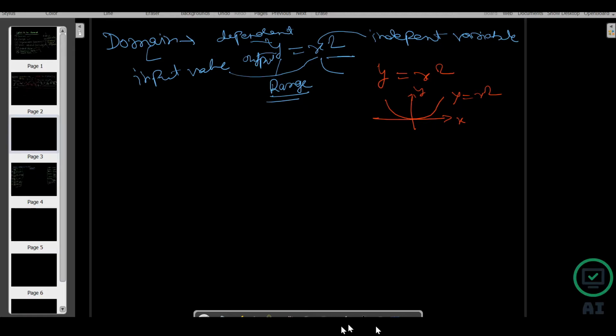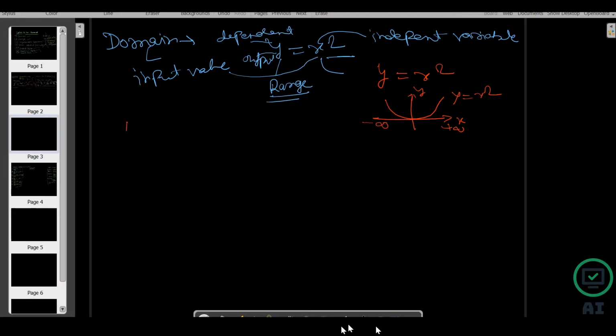By looking at it, you can see that it is taking all values from minus infinity to plus infinity. But for all values from minus infinity to plus infinity, is it producing both sides of y as output? No, because it is only giving the positive side of y.